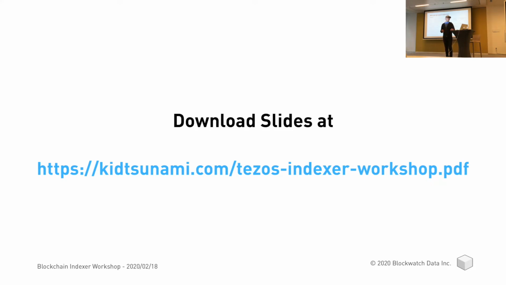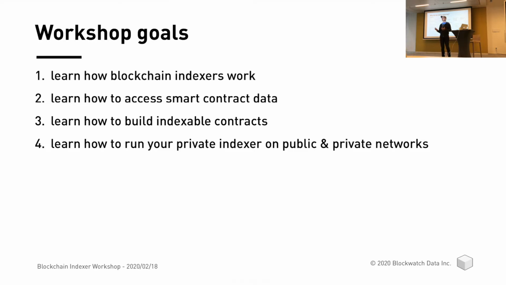So let's jump right into why you need indexing at all. When we look at blockchains, it's basically the lower part here. The idea of blockchains is to give you a new distributed database where you can store information and agree with different entities on the truthfulness and validity of this information.